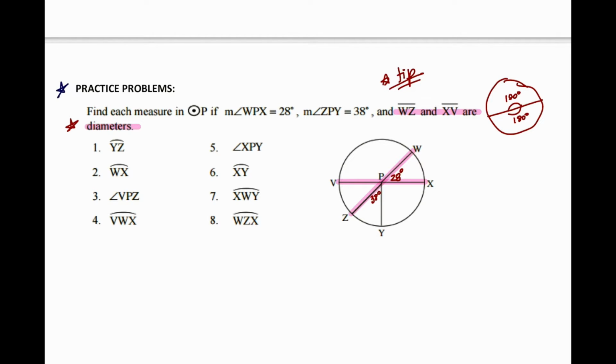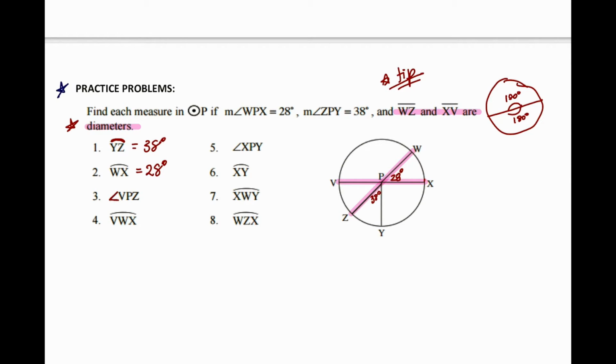Okay, so then start with YZ. This is a symbol for arc. YZ, 38 degrees, because this angle is 38 degrees, so the central angle is also 38. WX is also the intercepted arc of a central angle, so 28 degrees. 28 degrees central angle is given to us, okay?